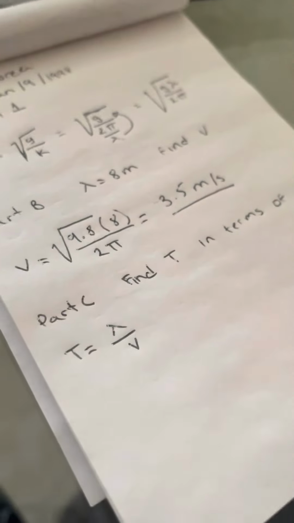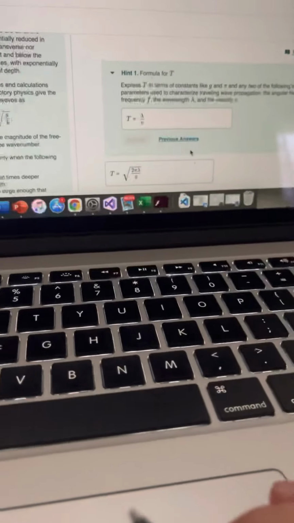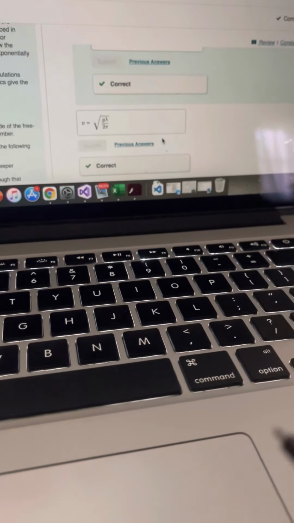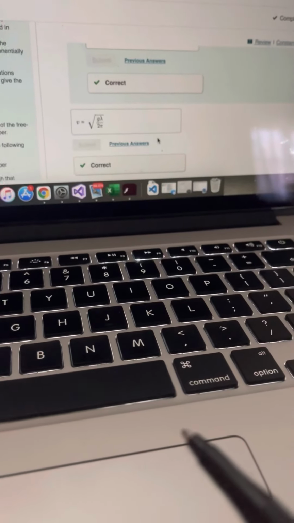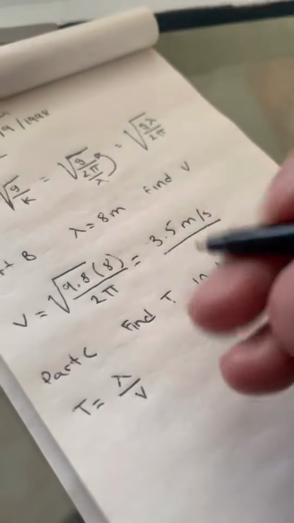All right, so we also already know that v equals the square root of g, which is gravity, lambda over 2 pi. So we can incorporate that into this equation.